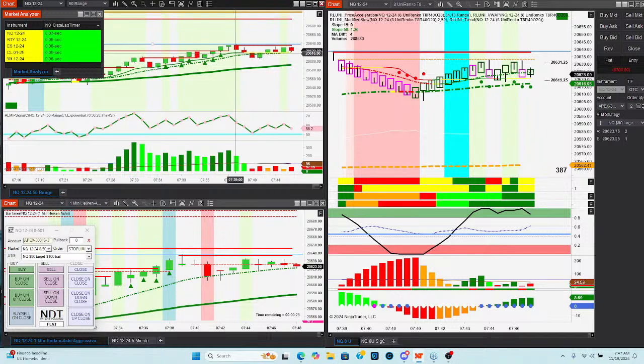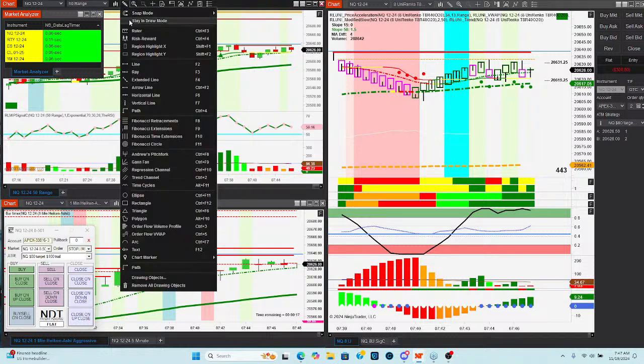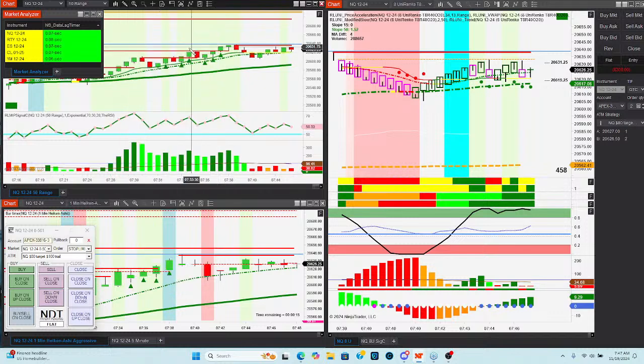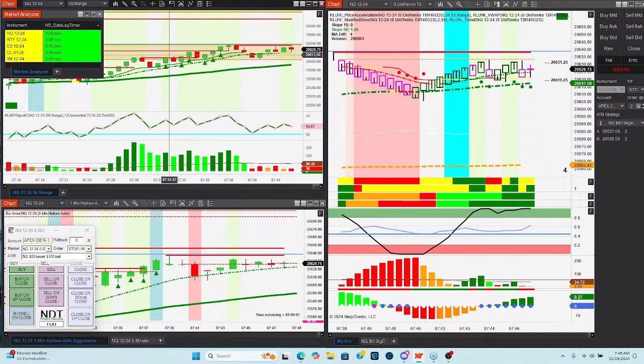Now, here again, many times in the past, what I do is I would draw my region along the high here and the low, below the green, above here.